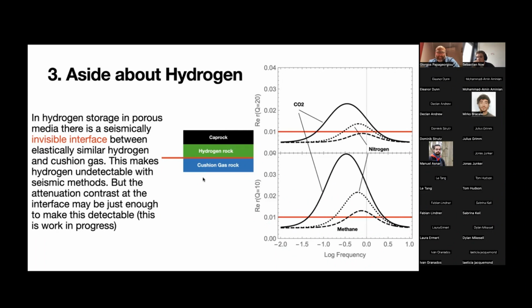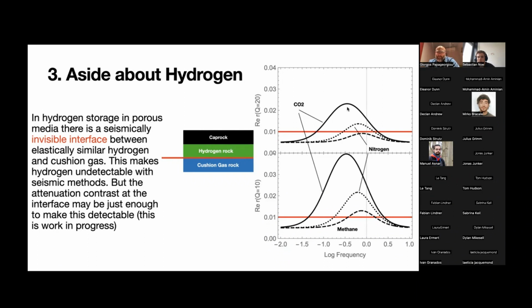And then we decided to think of under which circumstances would we actually be able to see it. Even though the two gases are elastically similar, maybe their dispersive properties are different enough to induce a reflection coefficient that seismically might be visible. And what we did is we said, right, let's assume that the smallest visible reflection coefficient is somewhere here, 0.01 or something as an absolute value.